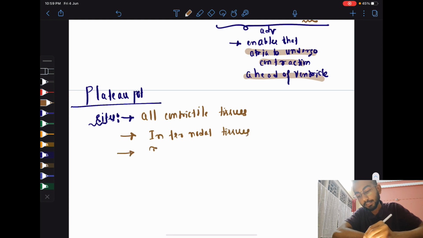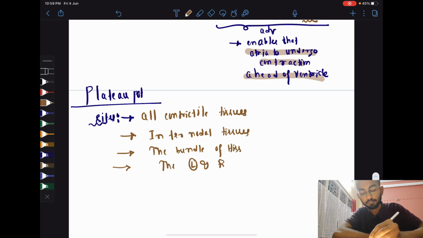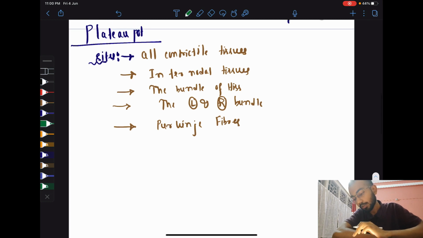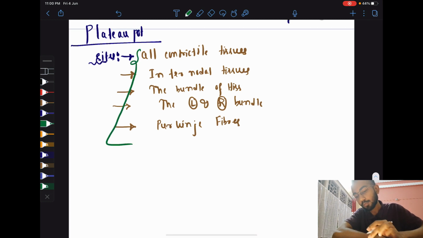The bundle of His, the left and right bundle, isn't it? And it will also include the Purkinje fibers. So these are the tissues where we can see the plateau potential.